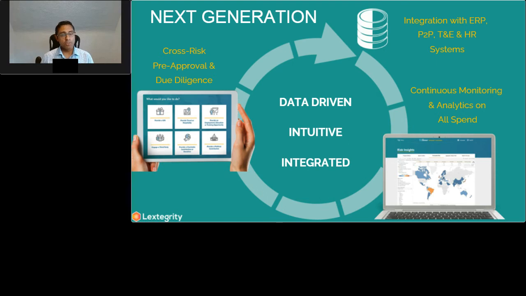So 100% of your data on a continuous basis, using not periodic, again, sample-based analytics, and not using necessarily basic analytics, but much more sophisticated fraud detective analytics. And we're going to dive into a lot more detail about what that means.